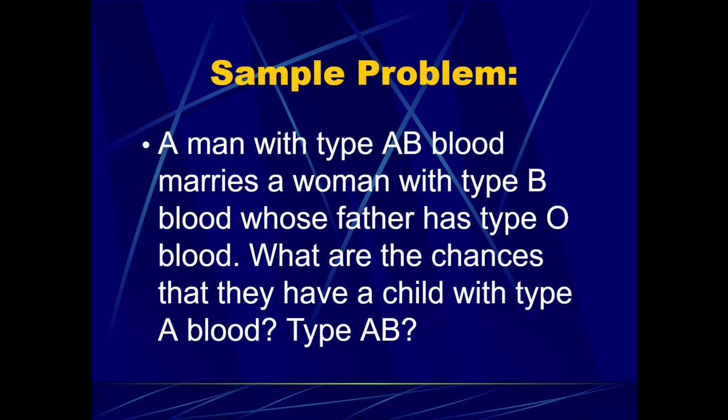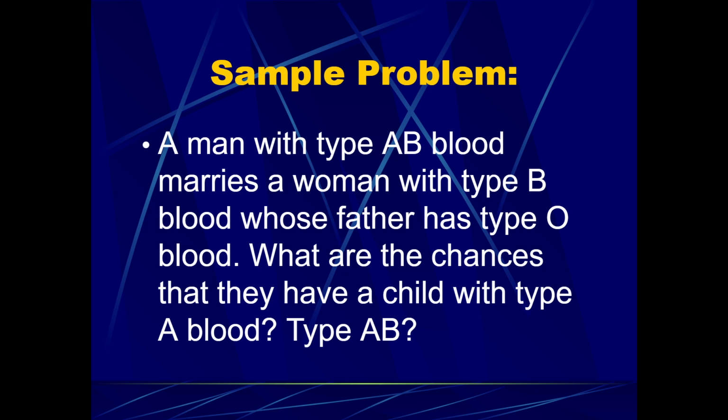All right, so we know that the man has type AB blood. We know exactly what his genotype is. It is type AB, or you could just write I superscript A or I superscript B. But his blood type is AB.